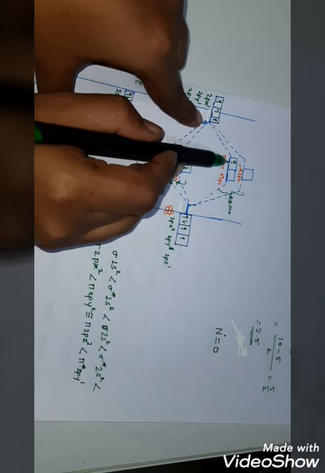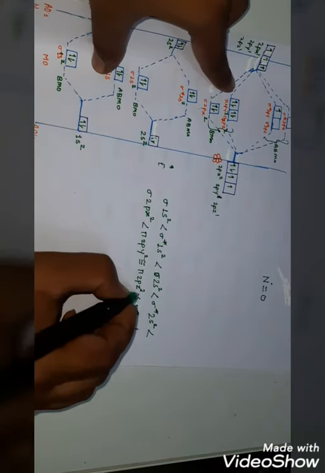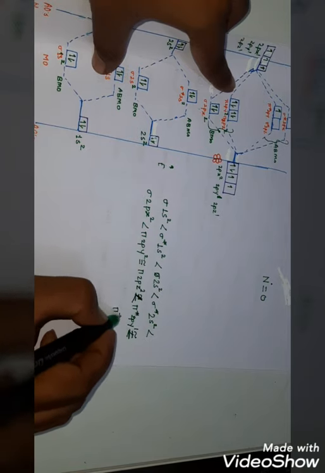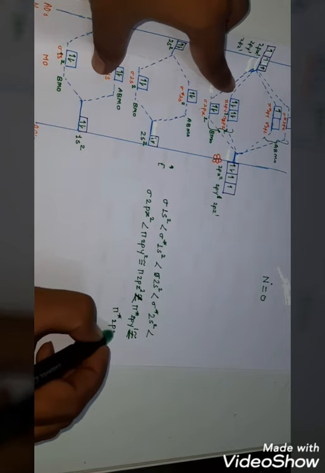Remember that in pi star 2py there is one electron present. These are similar in energy. After that, pi star 2pz, and after that sigma star 2px.